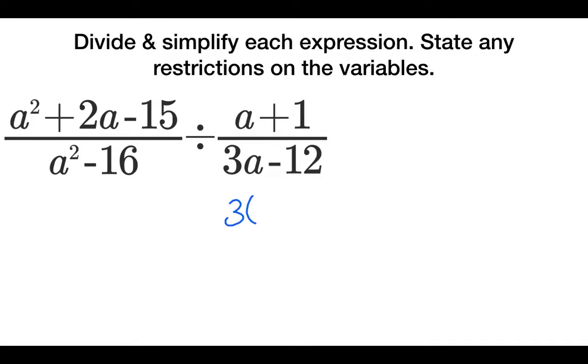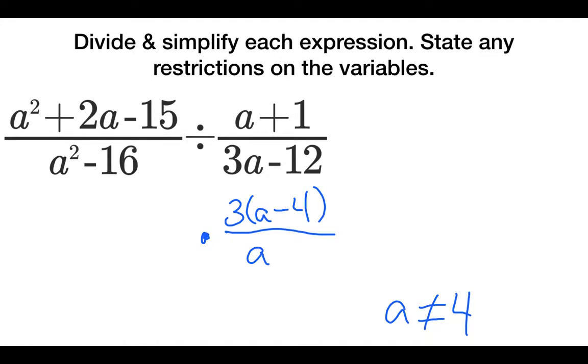So that becomes 3 times a minus 4, meaning, let's try writing that again, a cannot equal 4. Now that we know that, I can start doing some factoring. So the first thing I end up doing is, remember, because it's divided, it becomes times 3 times a minus 4 over a plus 1.